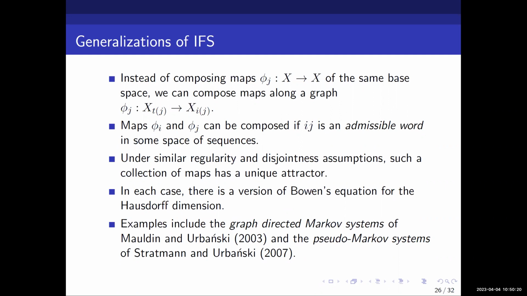Pseudo-Markov systems allow for the possibility that you have infinitely many vertices in your graph, in addition to infinitely many edges, and it's a bit more technical. This is relatively recent stuff, and people are still working on these generalizations of iterated function systems and their applications to fractal geometry of various types, dynamics, and number theory. But a common denominator to all of these constructions is nesting.